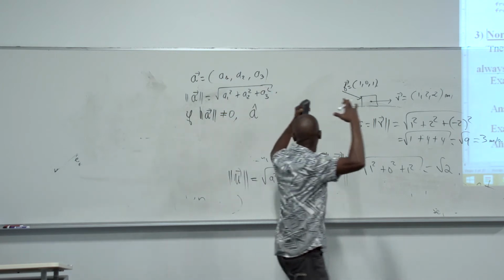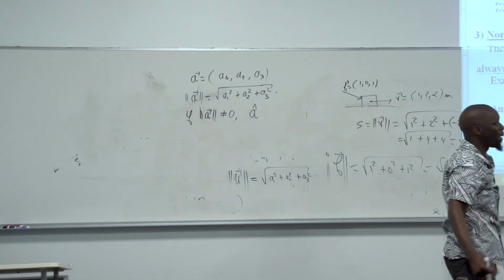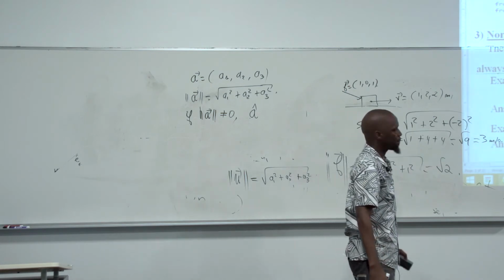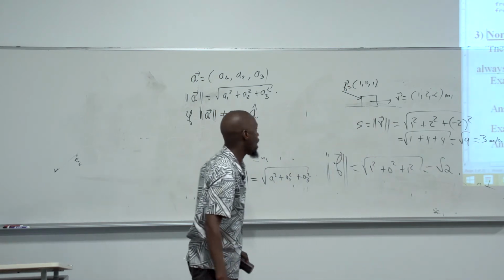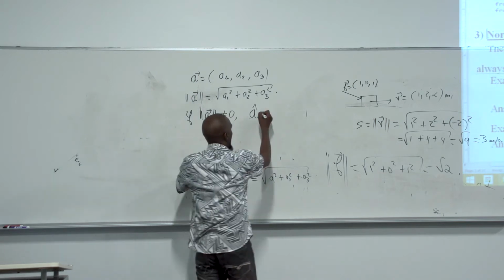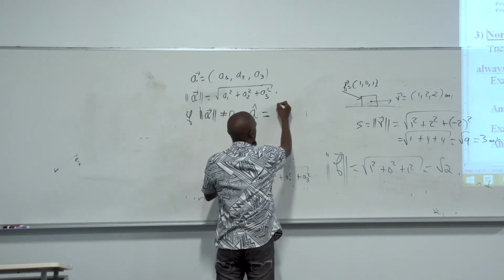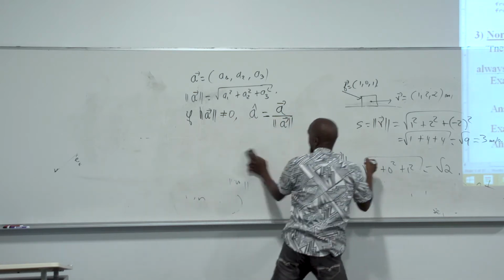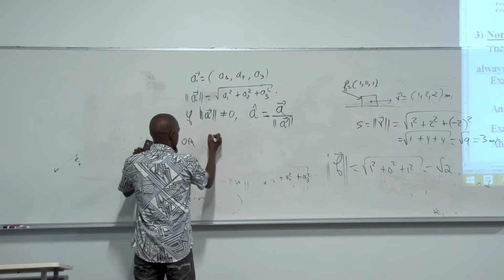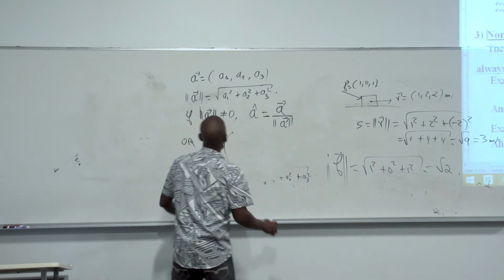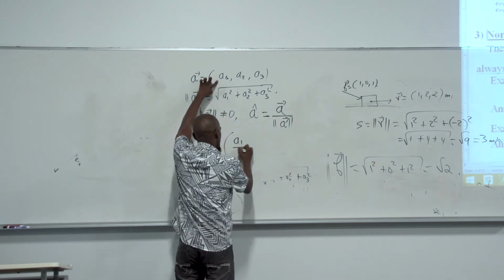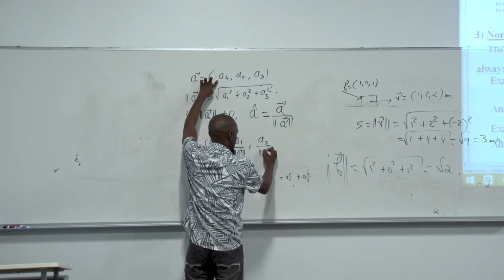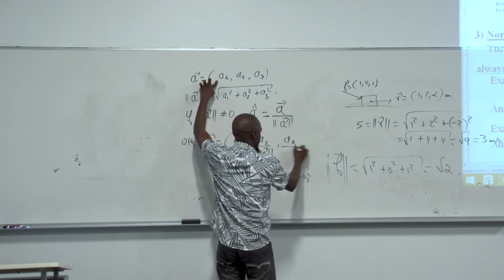When you see A hat, it means that it is a normalized vector, a unit vector. That is the direction of the given vector A. So A hat is A divided by its length. Or better, A hat is A1 divided by the length, A2 divided by the length, A3 divided by the length.